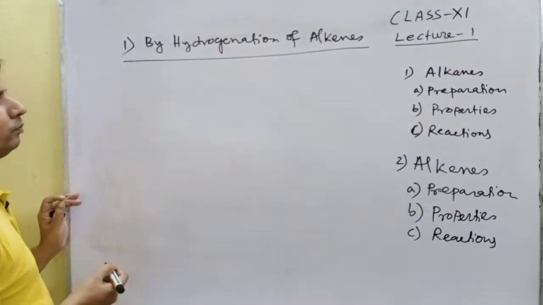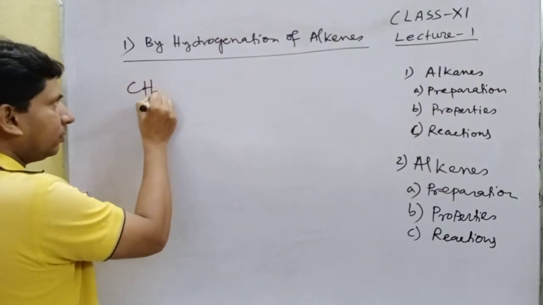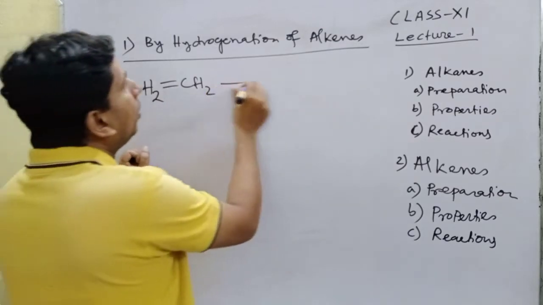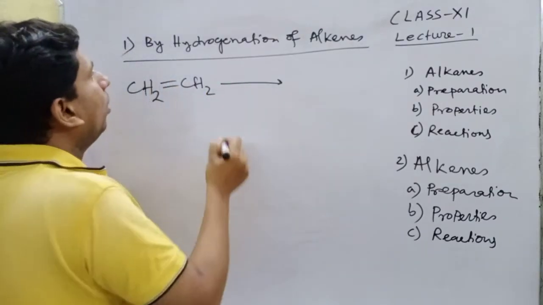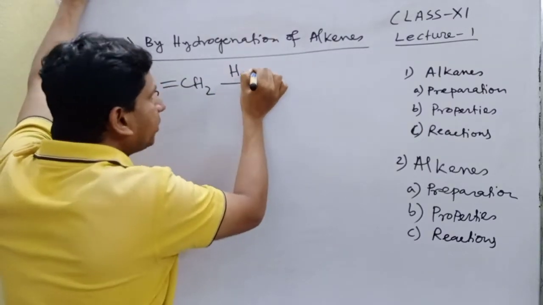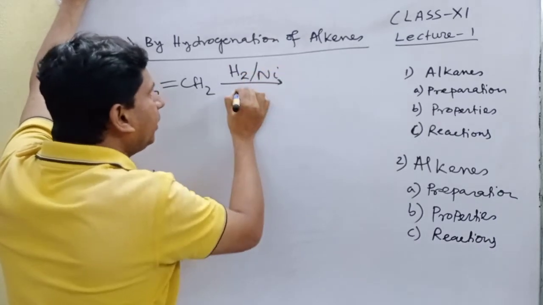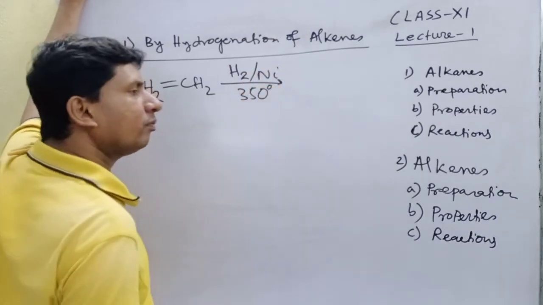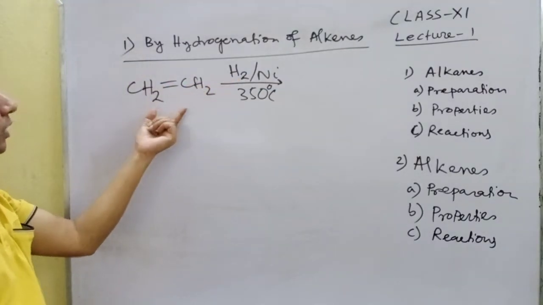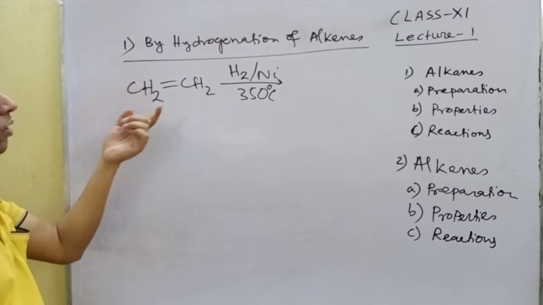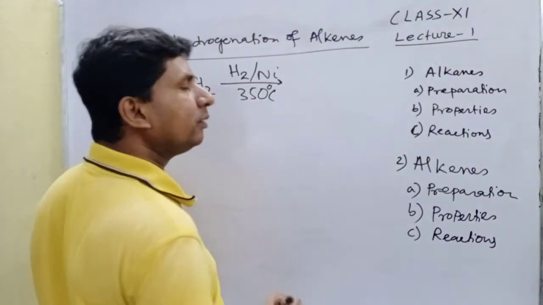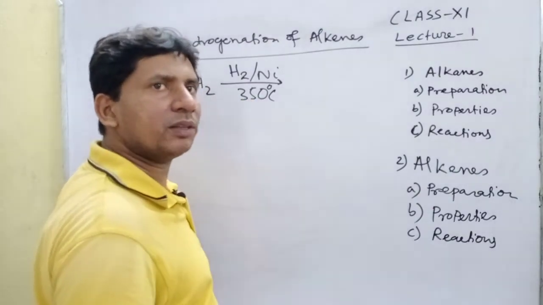If this is an alkene, then we can do hydrogenation on it, with hydrogen in presence of nickel at 350 degree centigrade temperature.